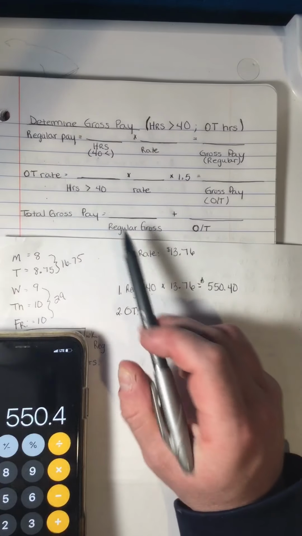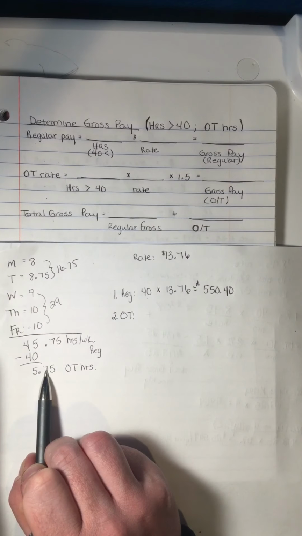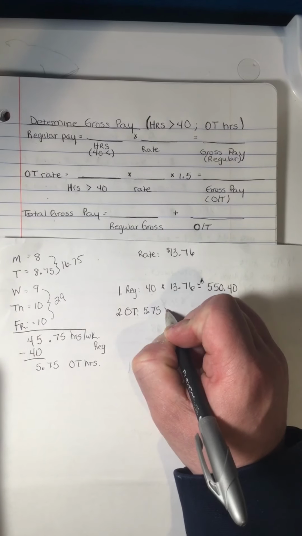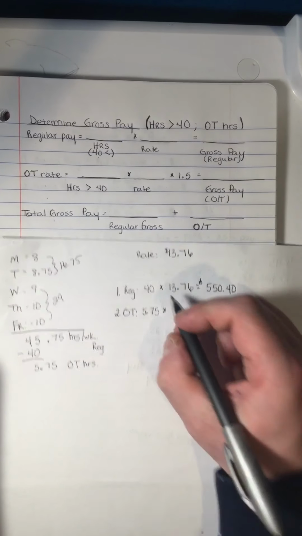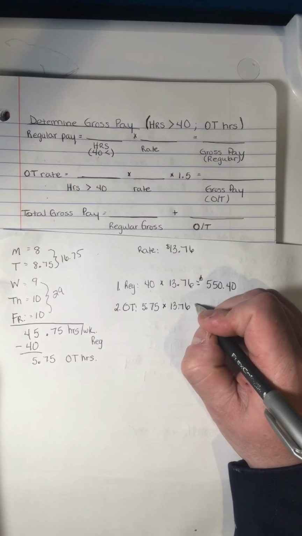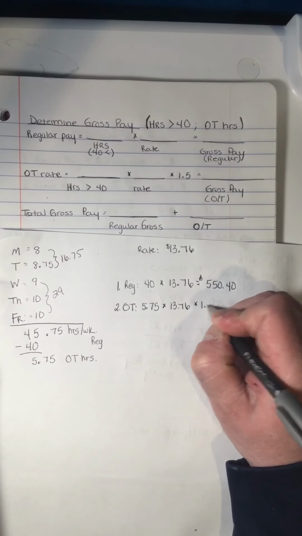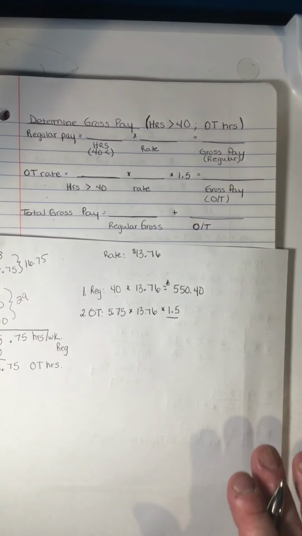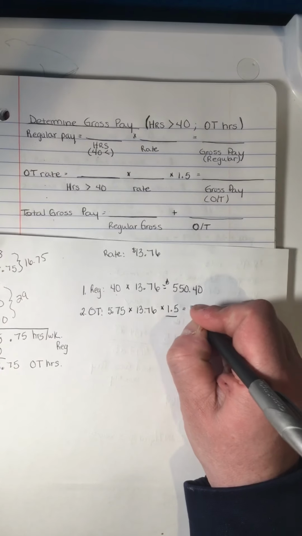Now, we worked more than 40 hours, so we got to figure out our overtime. Overtime, anything over 40, which we determined to be 5.75, times our rate. So we get paid $13.76 an hour times our multiple. Remember, our multiple will always be 1.5 for all your assignments.